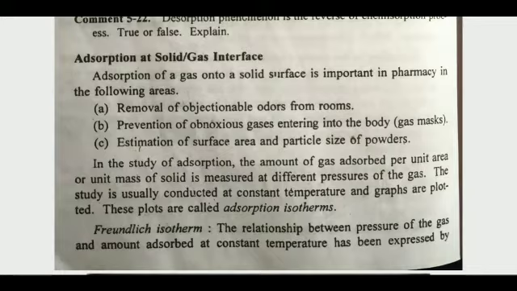There are two types of isotherms used to study the amount of gas absorbed on the solid surface. The first one is the Freundlich isotherm.